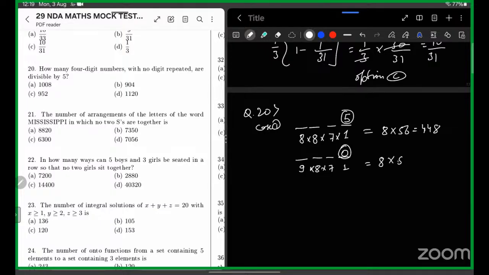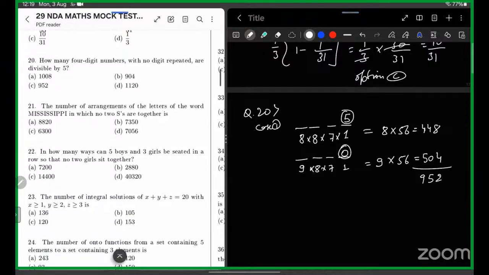So 9 into 56, that is 504. Then add it: 448 plus 504 is 952. Option C is the correct answer.